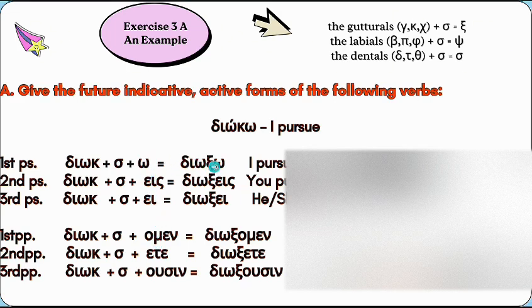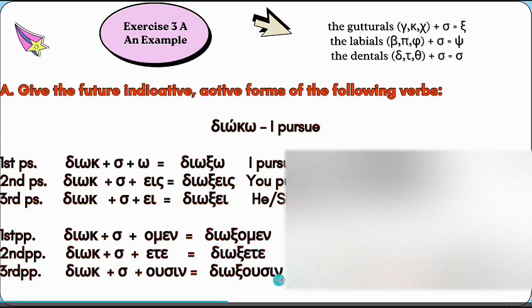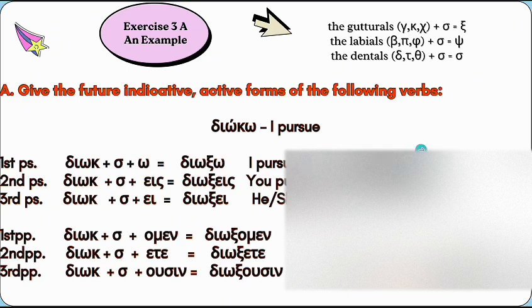And the result, applying the rule, is this: dioxo, dioxeis, dioxei, dioxomen, dioxete, dioxousin. And the translation you can see here. So look at this example carefully and then attempt the assignment on the next slide.